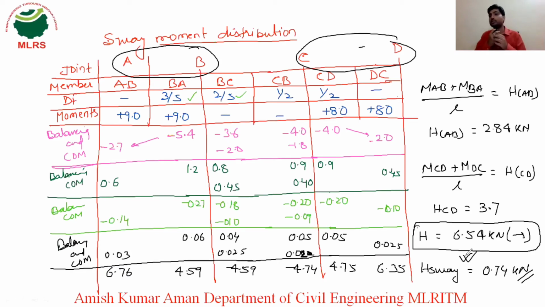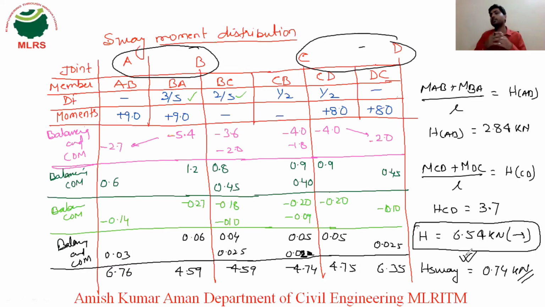So what we need to do, we need to find the sway factor, and then multiply it with the moments. Means we need to readjust the moments with this factor, because we are analyzing for a sway force of 6.54, but we have only 0.74.